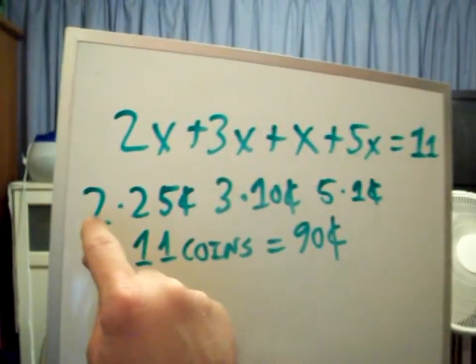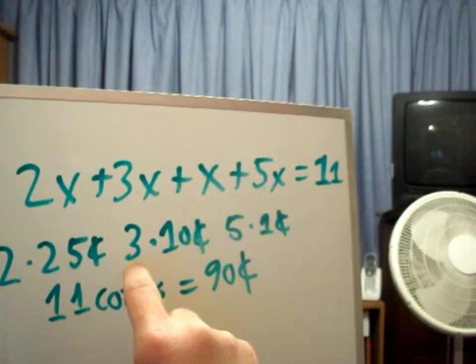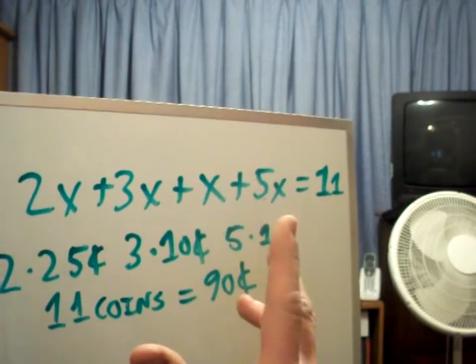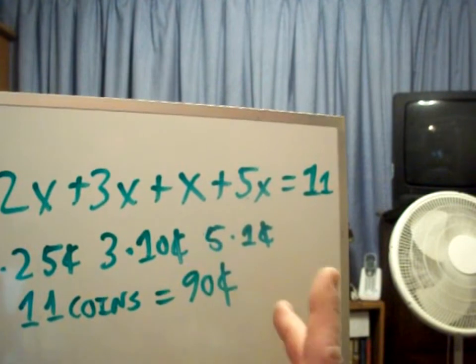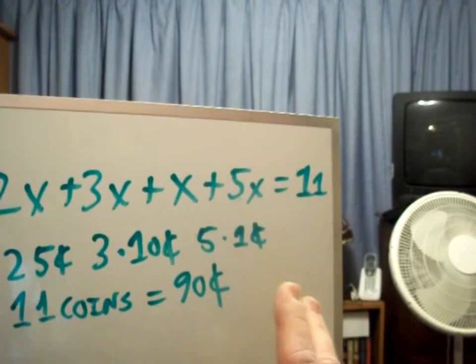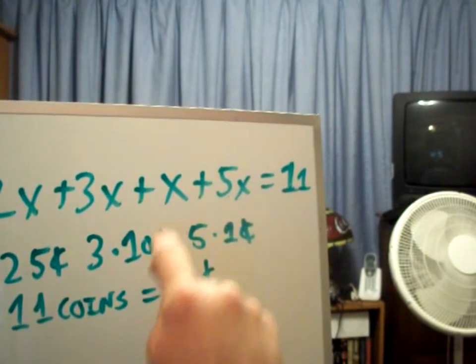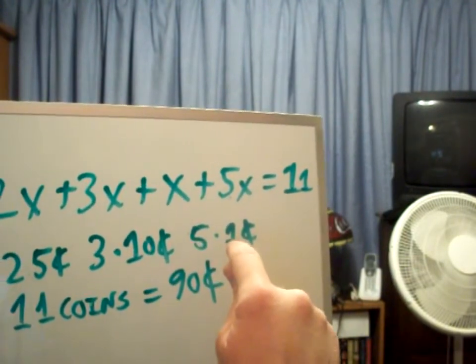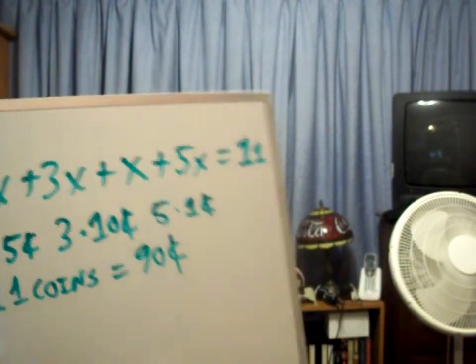If we take the 2 times 25 cents, we get 50 cents. If we take the 3 times 10 cents, we get 30 cents. If we take the 5 times 1 cent, we get 5 cents. And obviously, a nickel is worth 5 cents. So 50 cents plus 30 cents plus 5 cents plus 5 cents again makes 90 cents. And that's how you do that.